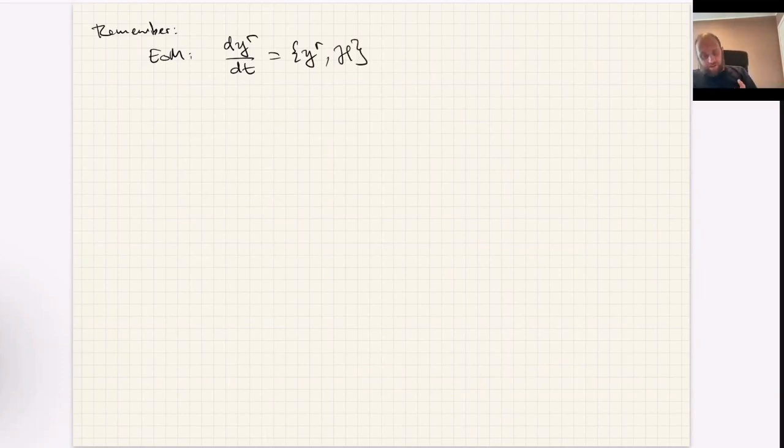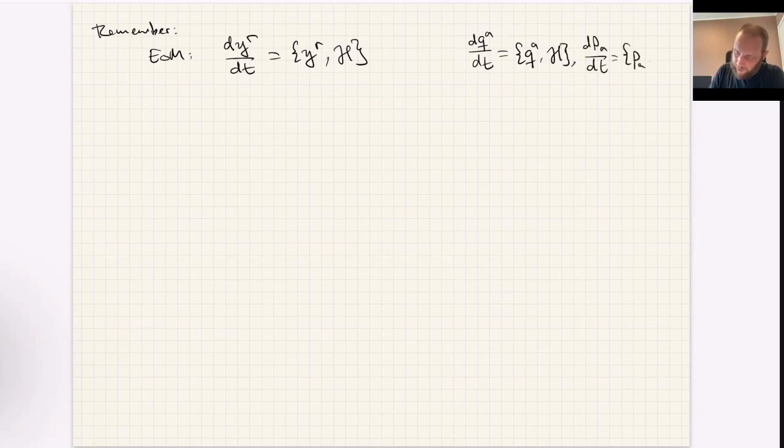Nothing really changes here because I used the time as the parameter instead of a generalized parameter s. If I put this in the form of p's and q's, this would be dq_a/dt equal to the bracket of q_a with h, and dp_a/dt equals the bracket of p_a with h. It is of course just the same thing, I just wrote them all at once using this y notation instead.